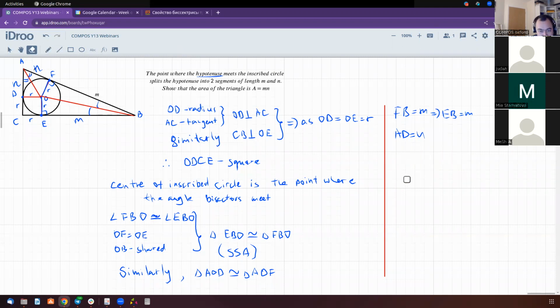That's not where I want to go. The area of a triangle is equal to 1/2 base times height, r plus m, multiplied by r plus n.